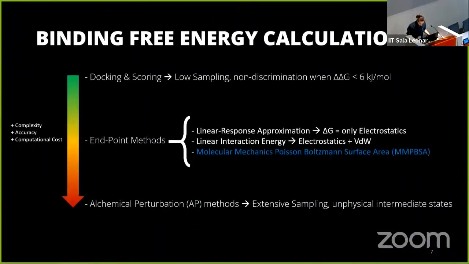Starting from docking, docking has the problem of having very weak sampling. And while it has lower computational cost and lower complexity, it also suffers from lower accuracy. On the other end of the spectrum, we have alchemical perturbation methods that, while they provide extensive sampling, have other types of problems, such as the computational cost, of course, and having unphysical intermediate states.